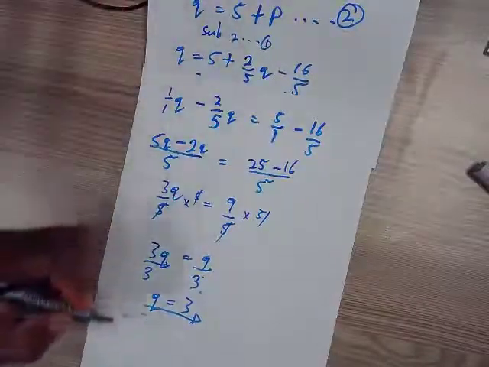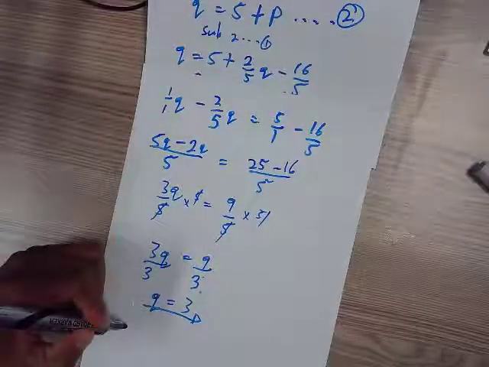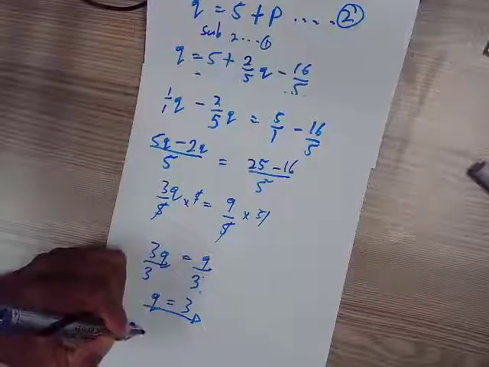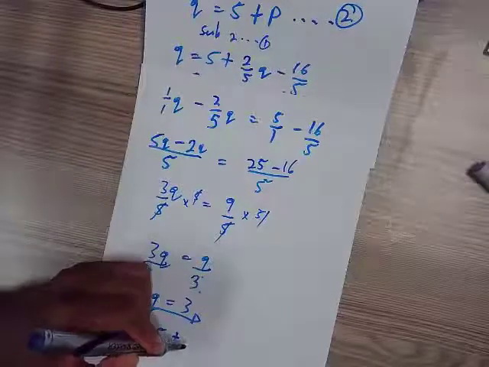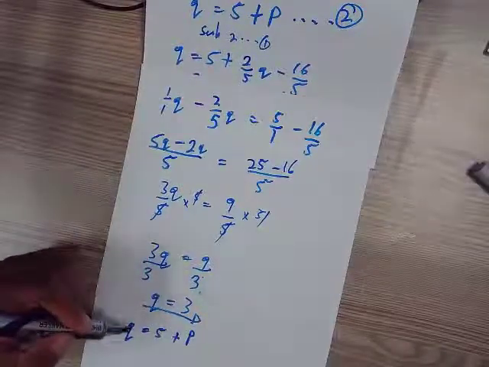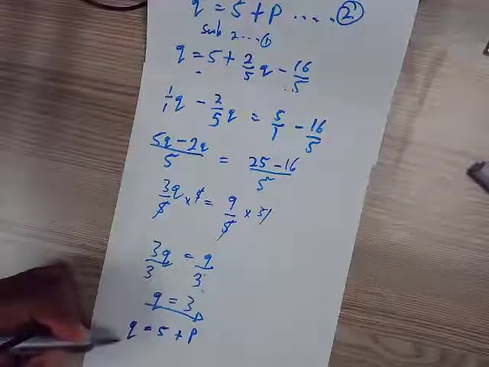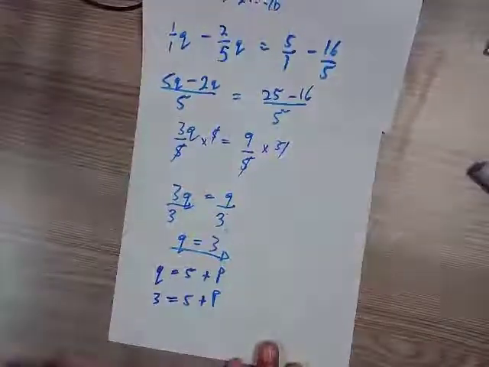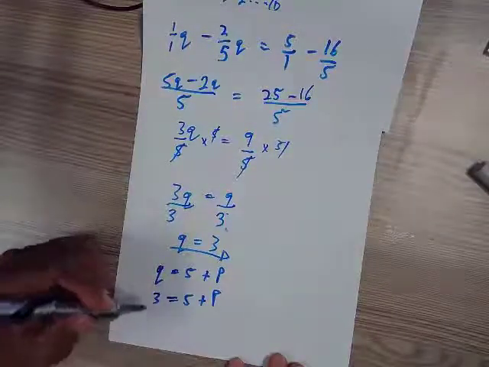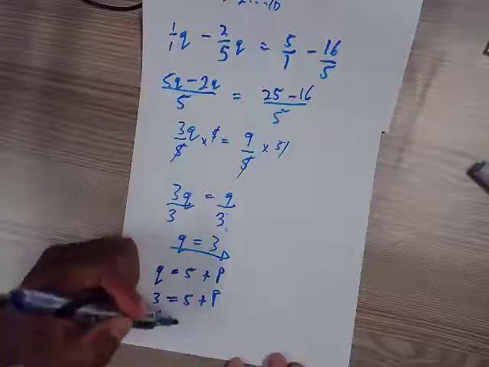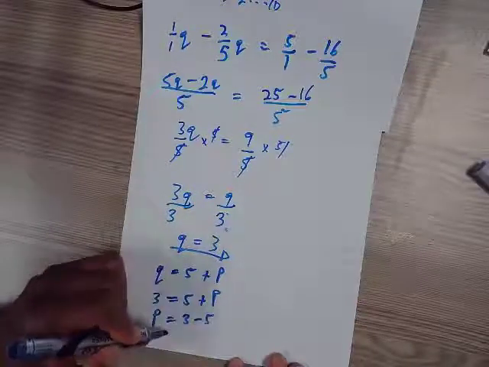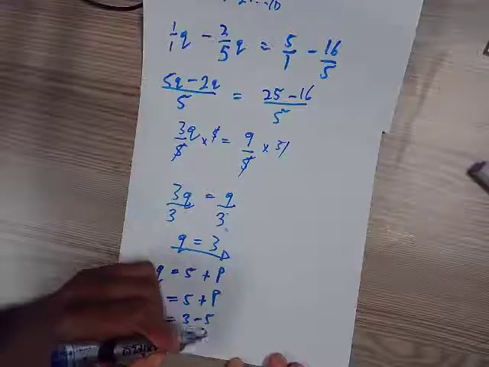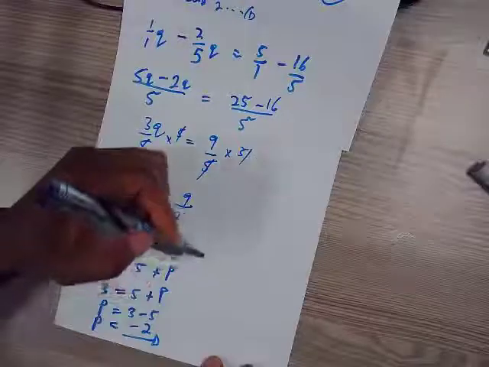So I would go for q equals 5 plus p in equation 2, and wherever is q, I'll put 3 equals 5 plus p. All right, and I will have p equals 3 minus 5. Therefore, p is equal to minus 2.